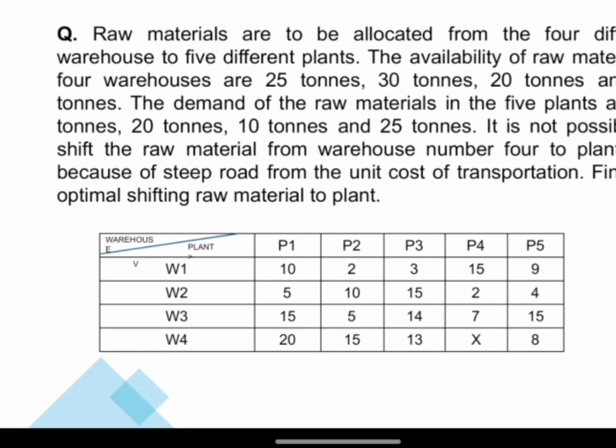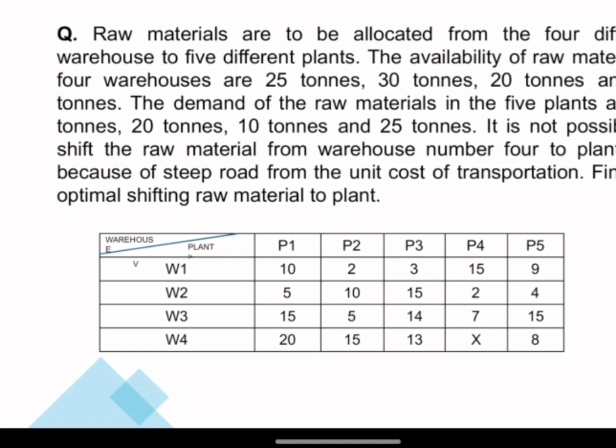It is not possible to shift the raw material from warehouse number 4 to plant 4 because of a steep road, from the unit cost of transportation. This is the constraint they have provided. So let's find out the optimal shifting of raw material to the plants and the minimum cost we get by considering this constraint. We have prepared the table where P indicates the plants and W indicates the warehouses.